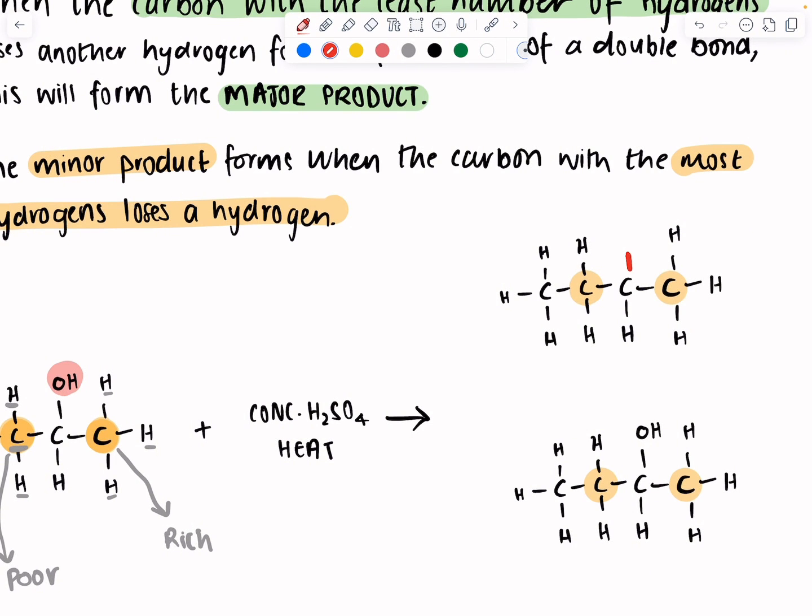It's got two possible places where it can flop onto to form a double bond. It can either go this way or it could go this way. Okay, and depending on which way it falls, will form either the major product or the minor product.